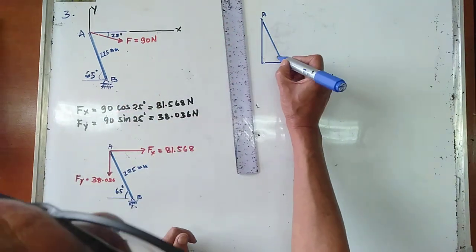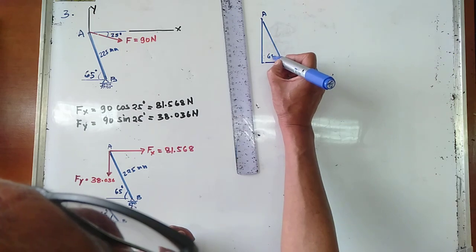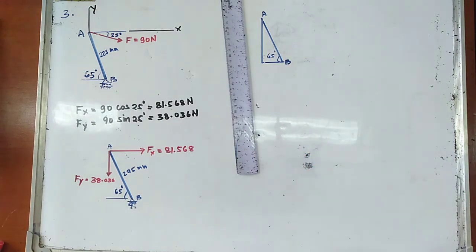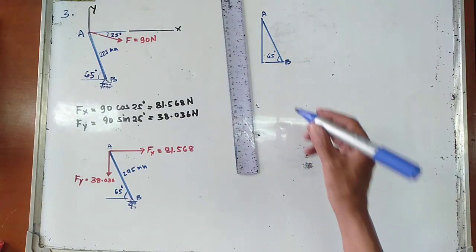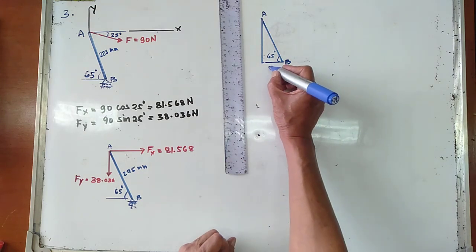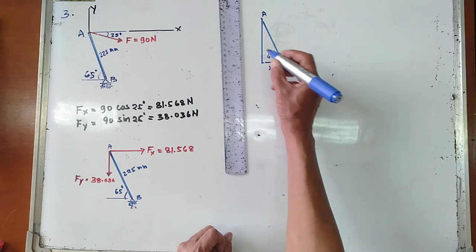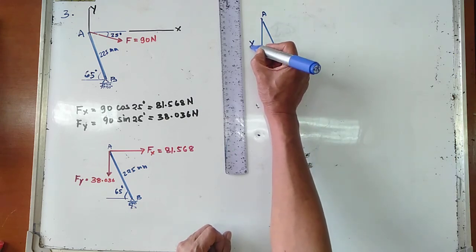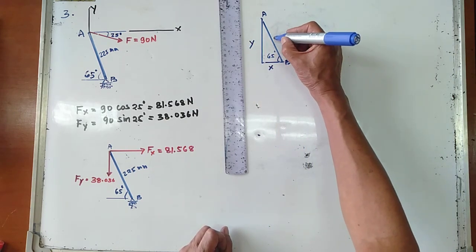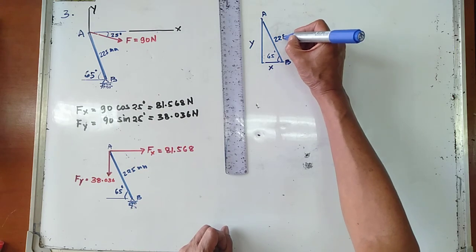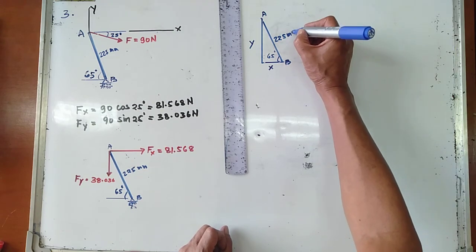So this is now 65 degrees with the horizontal. I'm going to consider this distance in here to be x, and this one to be y. That is 225 mm.